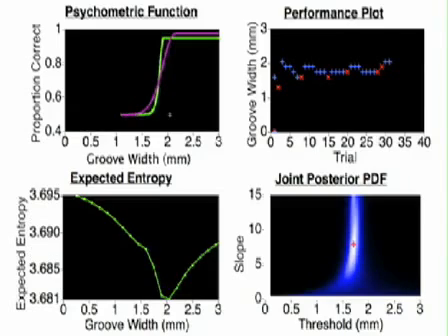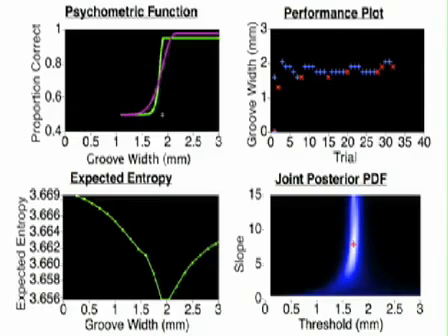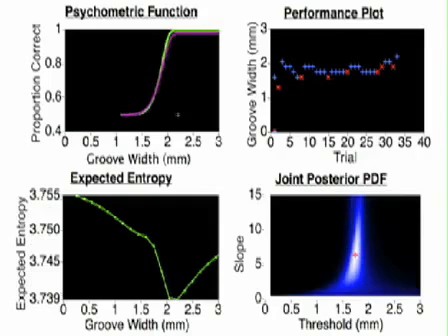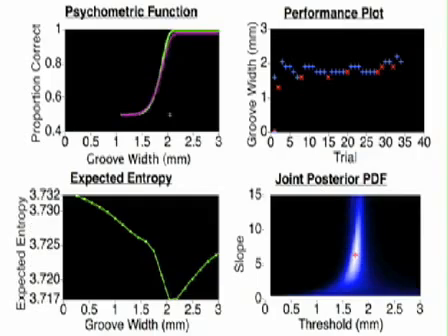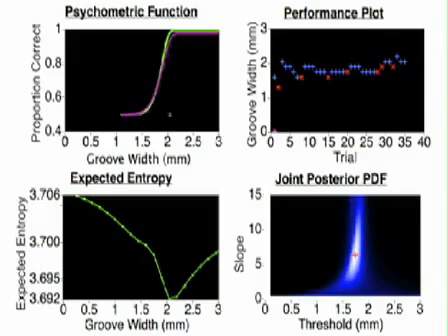After each trial, we come to an estimate of the subject's threshold and slope value. The mode of this plot, indicated by the red cross, is the current best estimate of the threshold and slope. Using these values, we can plot an estimate of the subject's psychometric function. This is shown by the green curve in the top left plot.